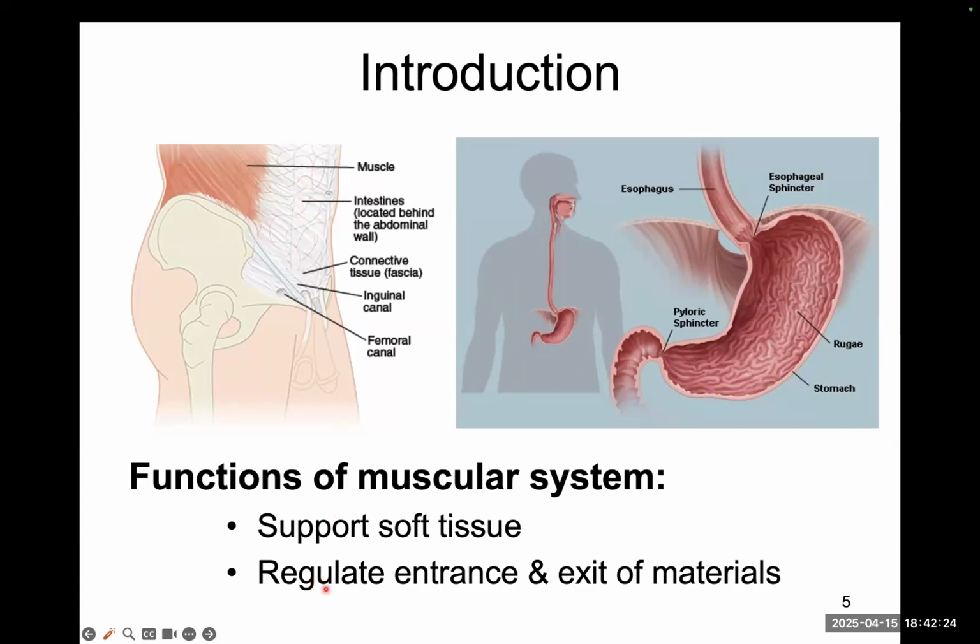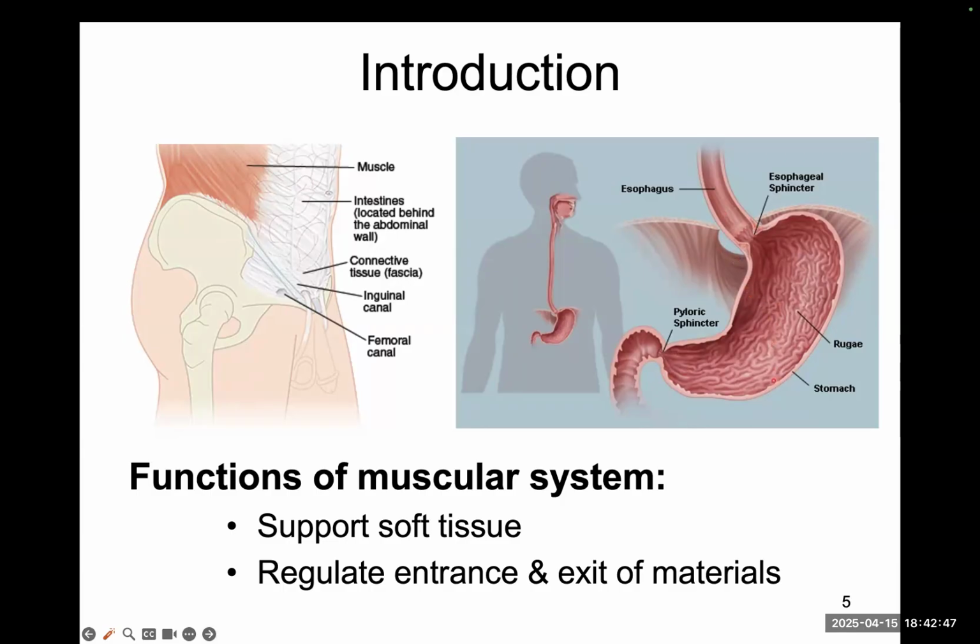The other thing muscle does is regulate entrance and exit of materials. I mentioned this before, we have these sphincters. This is the esophageal sphincter, which controls the flow from the esophagus to the stomach. This is the pyloric sphincter. When you swallow, food goes down the esophagus and through the sphincter.